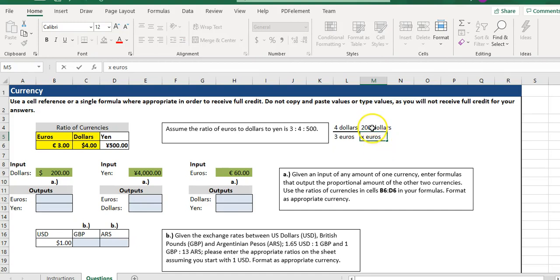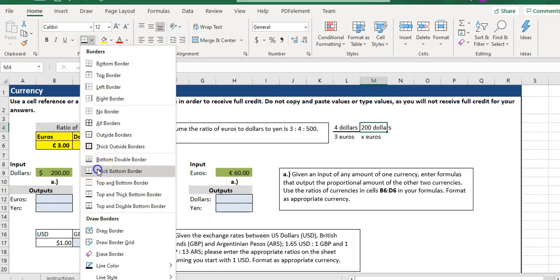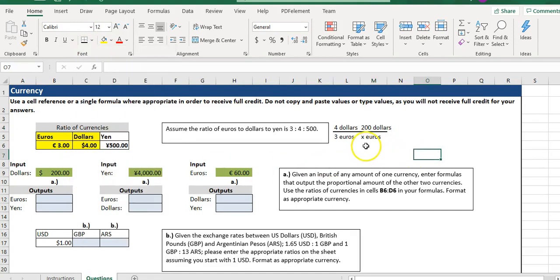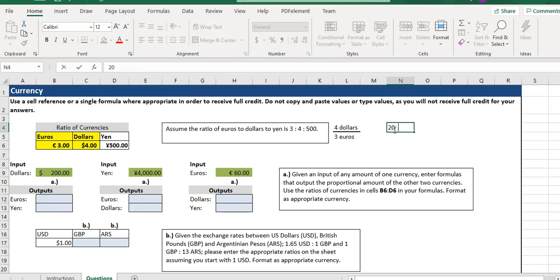All right, so I have two ratios that are set equal to each other. And whenever we have two ratios that are equal to each other, we call that a proportion.